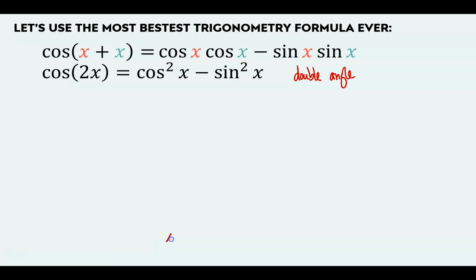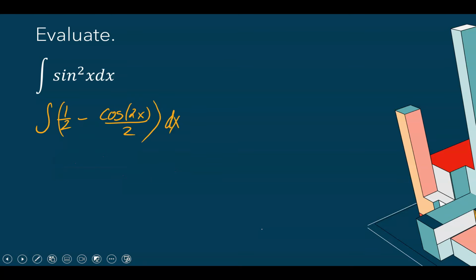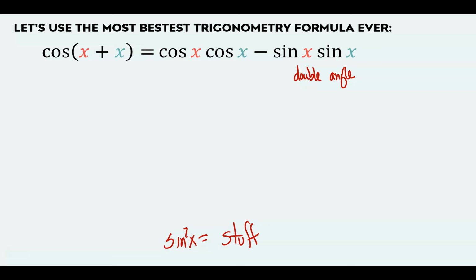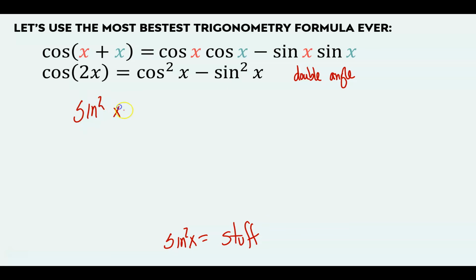Now, what we're trying to get is sine squared x equals some stuff. We're trying to get sine squared equals 1/2 minus cosine of 2x over 2, because we don't know how to find the antiderivative of sine squared in that form. What we don't want to do is say sine squared is equal to cosine squared minus cosine of 2x.